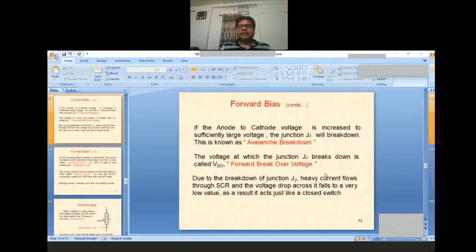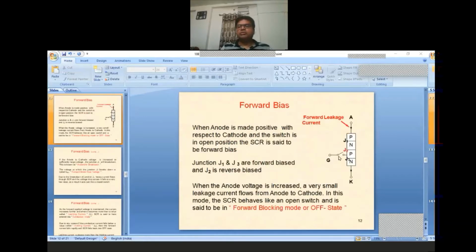When such a triggering pulse or positive voltage is given between gate and cathode, as already discussed, there is some leakage current flowing through the SCR. Now, due to the closure of the switch, gate current enters into the P region. The electrons will now get immediately attracted to them.